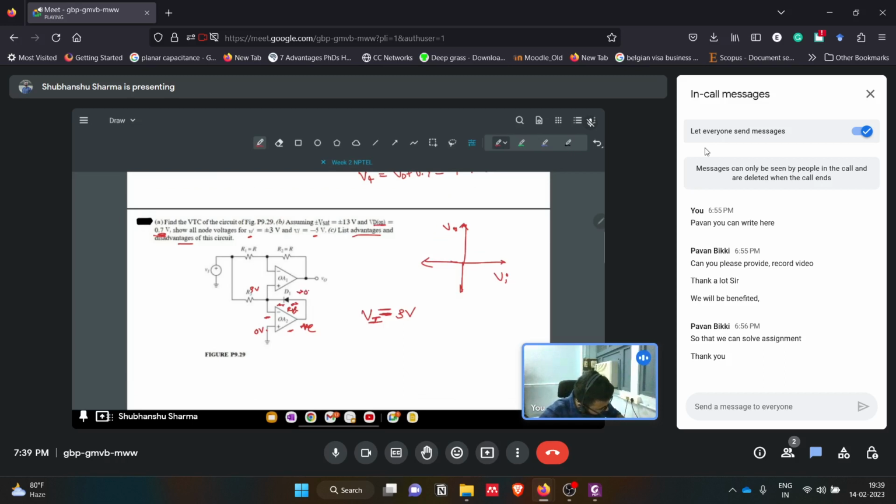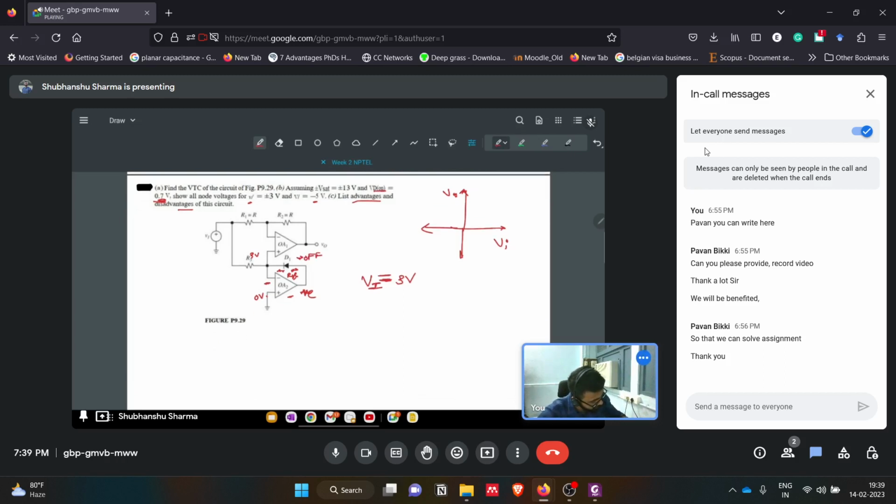So I'll make a circuit for you. How will this circuit look in the first case, where V input is 3 volts?